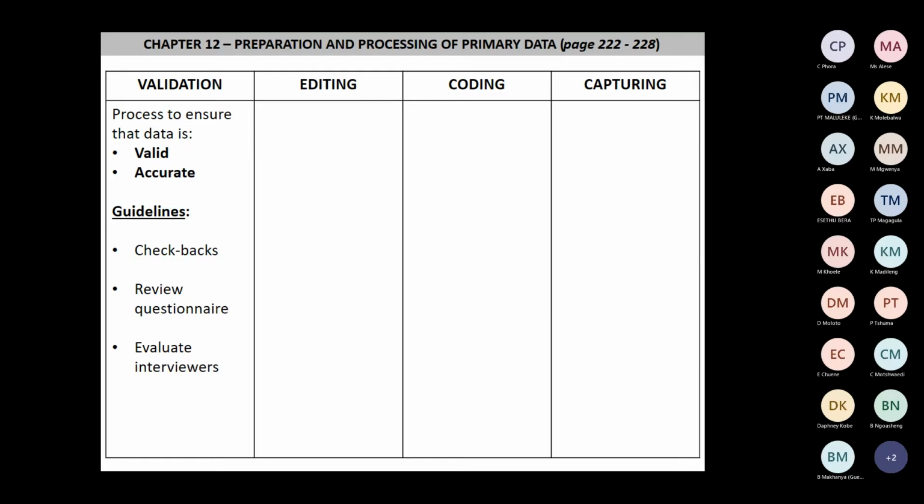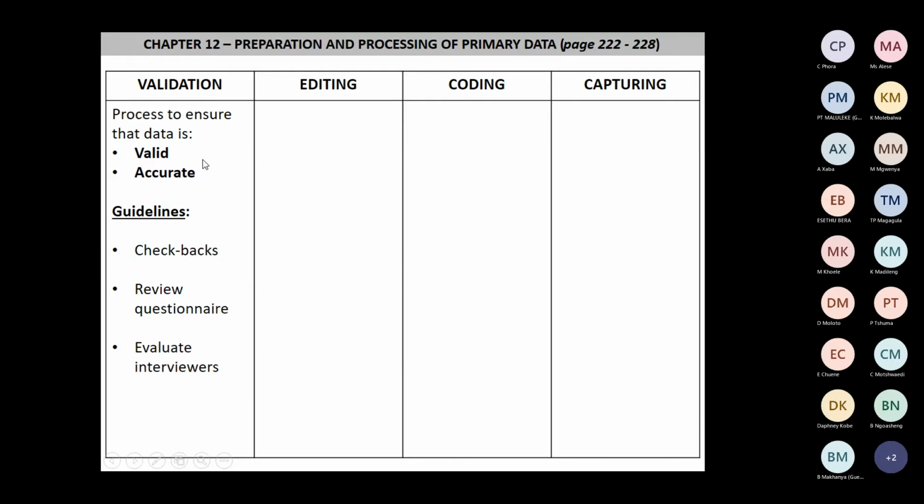So what exactly are we talking about with validation? Think about the word validation and what it means in general. It means that you want to make sure that the data is not fake. Validity talks about data being a true reflection, with no interviewer cheating errors or anything like that. So the first thing once the data is collected is to check whether that data is true or not.